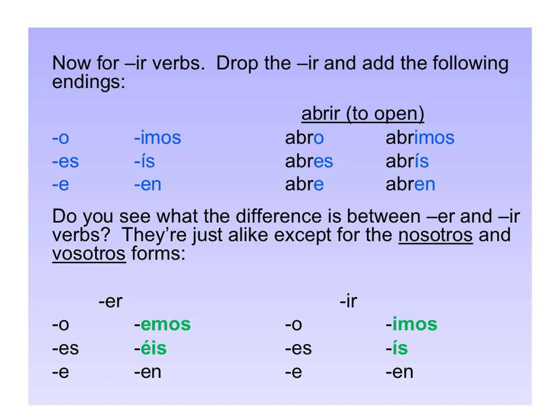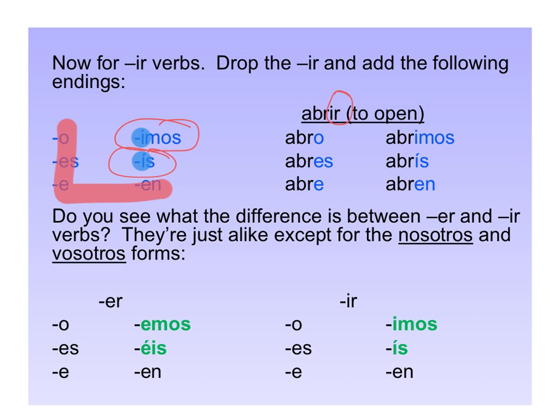And IR verbs are almost the same as ER verbs, but IR verbs have an imos and an ís. Otherwise, they look identical to ER verbs. So, o, es, e, imos, ís, en. Again, IR verbs look almost identical to ER verbs except for imos and ís.